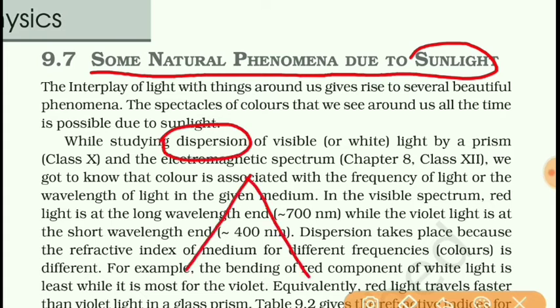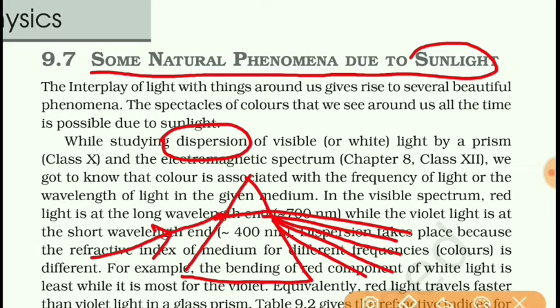When a beam of light gets incident on the surface of a prism, and then when it emerges out, a spectrum of 7 colors is obtained. So this process is called dispersion of light.